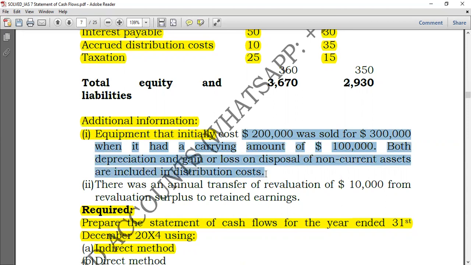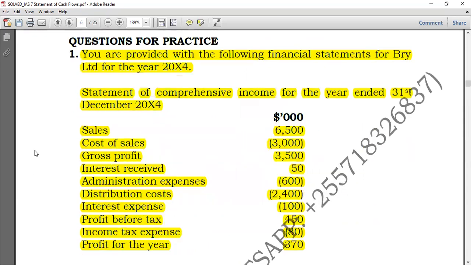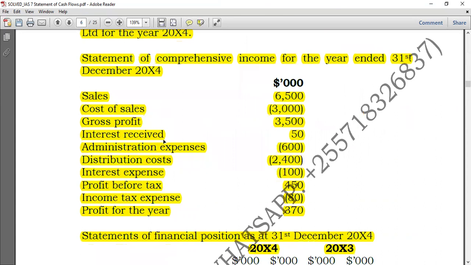Now, I told you this. From the income statement, we saw that we had finished everything, but we are now told that in these administration expenses, there is depreciation and also a gain or loss on disposal. Nothing to fret about. All we are sure of right now is that they are also used to obtain profit before tax. So just determine them and adjust for them too because they are items to be adjusted for.